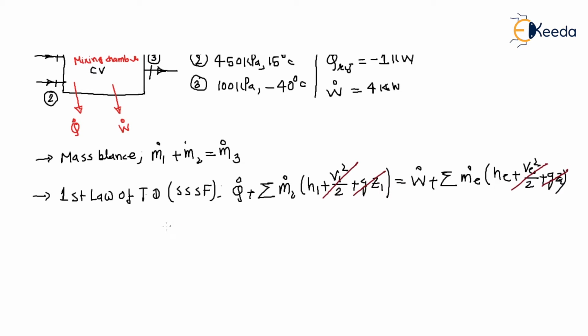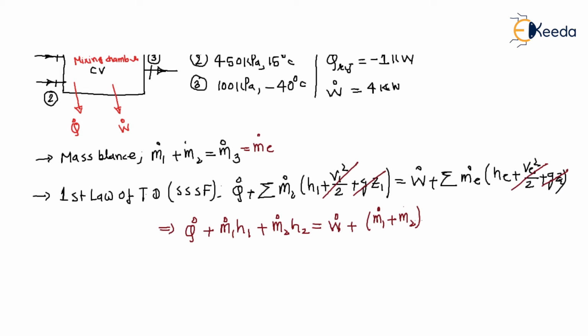So what is that? Q dot plus M dot 1 H1 plus M dot 2 H2 is equal to W dot plus M dot exit H3, where M dot exit is M1 plus M2.